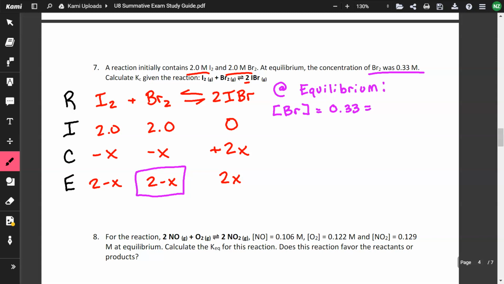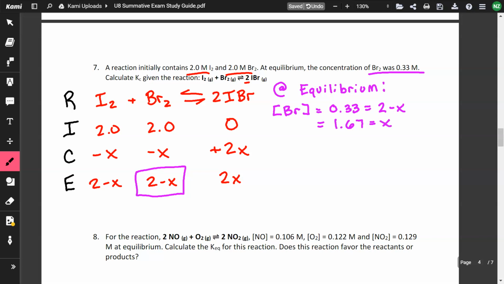That means 2 minus x has to be equal to that. I would subtract 2 from both sides and then divide by -1. You'll get 1.67. That's going to be equal to x.